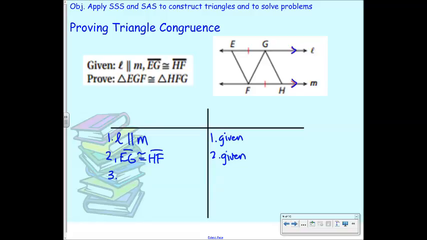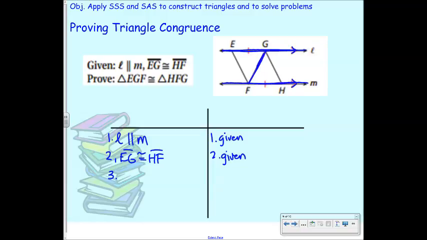So alternate interior angles. Remember that if these 2 lines are parallel, then this right here, or any line that touches both of them, is a transversal. So that means that there are angles that are alternate interior. Remember, interior means inside, in between the parallel lines, and alternate means opposite sides of the transversal.